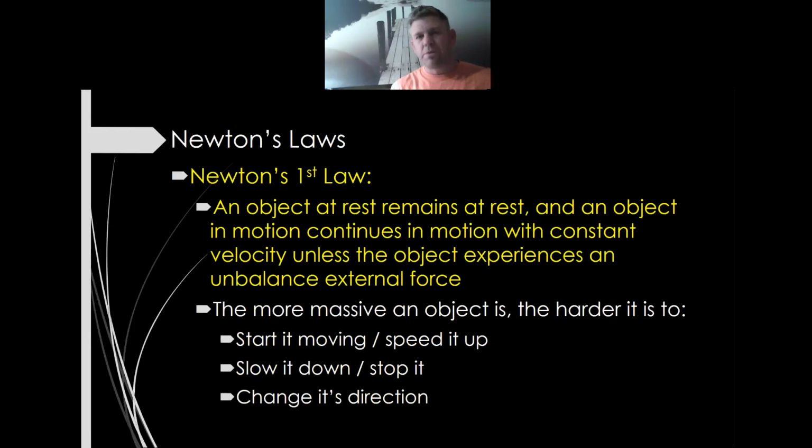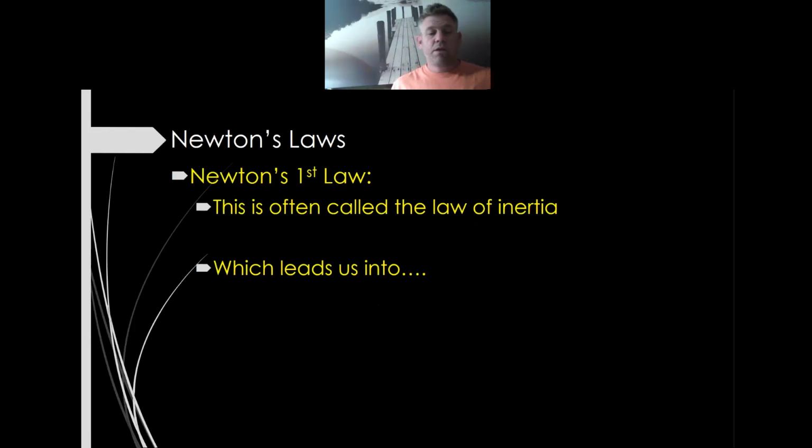So eventually you're going to pass away, unfortunately. That's not something that we want to have happen, right? So that's why when we see spacewalks, all the foreign agencies are so careful, because they want to be tethered. They want to make sure that if they do end up getting too far away, they have that tether that holds them and brings them back. Okay? Like I said, this is often called the law of inertia for us. Object at rest will stay at rest.